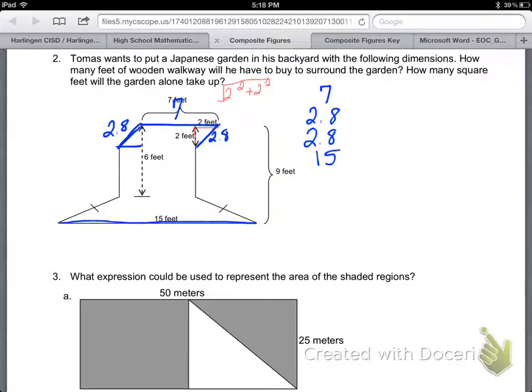Now, from right here to right here, and from right here to right here, when you think about it, because here to here is 2, but from the top all the way down to the bottom it is 6. So it would be 6 minus 2. And that would give me this to be 4. And this is 4.